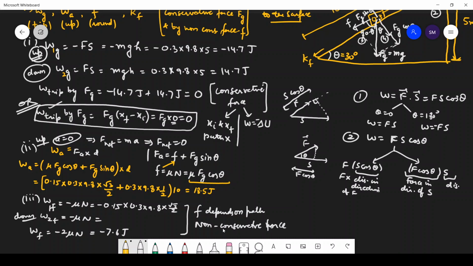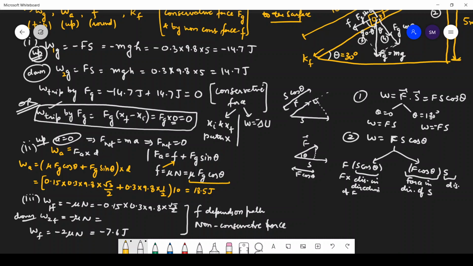You can see the work done in the round trip is not zero. Here it was zero because upward was exactly equal to downward, so it was cancelling out. In the opposite direction, the work was positive for the upward journey and negative for the downward journey.